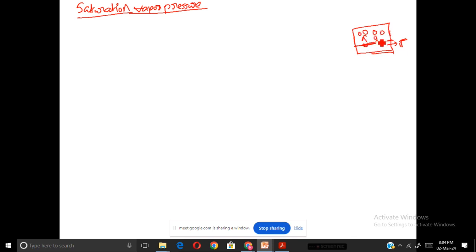These water vapor molecules exert a vapor pressure on the water surface, that is given by E. So the vapor pressure exerted by the evaporated water molecules with respect to the plane surface of water is vapor pressure E. So there will be a rate of evaporation.